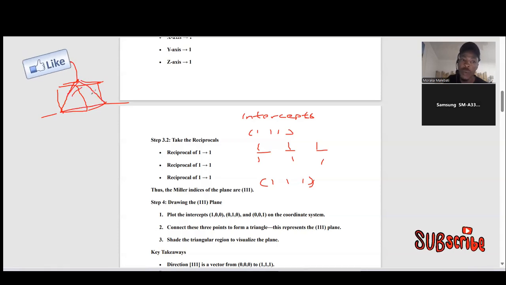This will be your plane, because this plane intercepts the x-axis at this point 1, the y-axis at this one, and the z-axis here. Basically that's how you'll be able to draw this plane. That's why I even shaded the triangular region to visualize this plane. Do you understand?